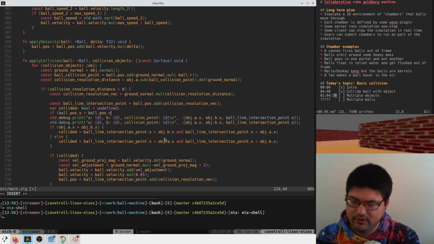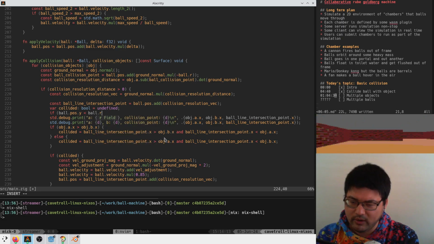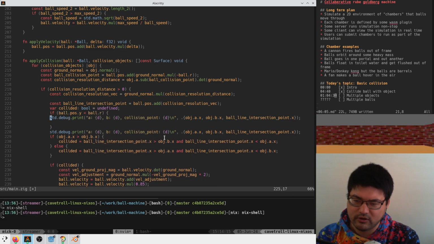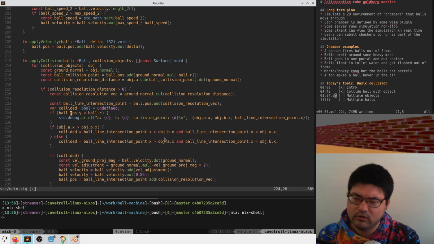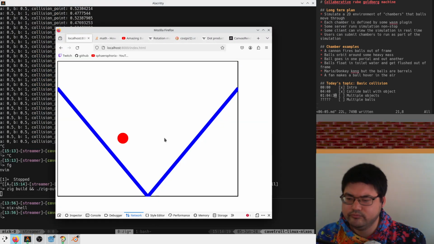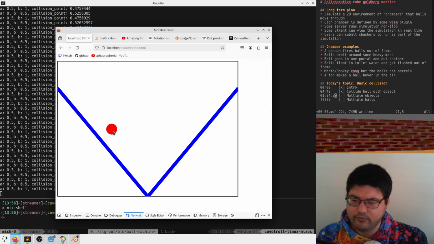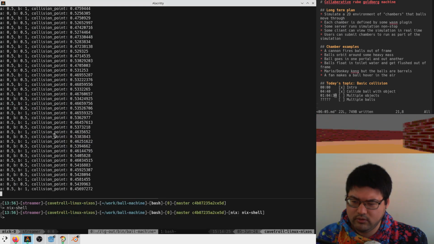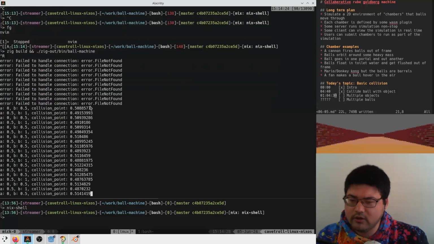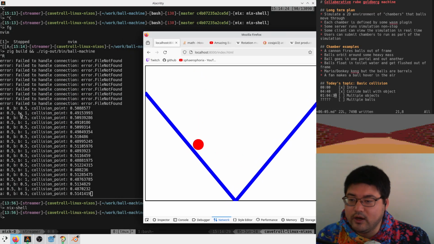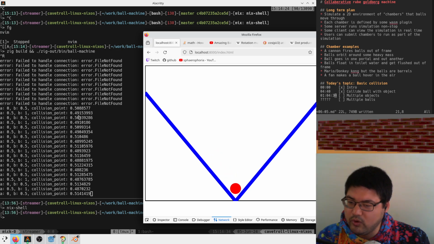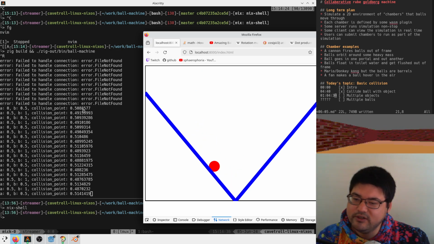That's when we messed up. Ball radius. That's when we want to look at this. Okay. So here we have 0 to 0.5 and we're just out of bounds, and here we're at 0.5 to 1 and we're again just out of bounds. Interesting.